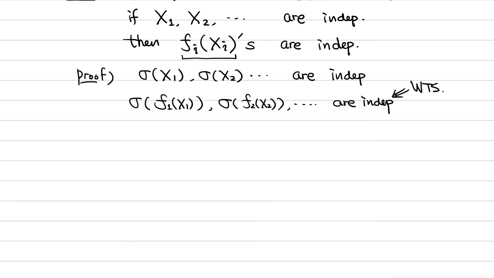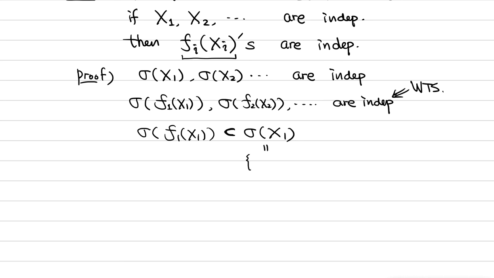But what you can easily show is the following. You can show that the sigma algebra of f1(X1) is actually a sub-sigma algebra of sigma algebra of X1. And that's the end of the proof, because the sigma algebras of the Xi are already independent, and any sub-sigma algebra will also be independent with all the others. The proof of this comes from writing this sigma algebra in a different way.